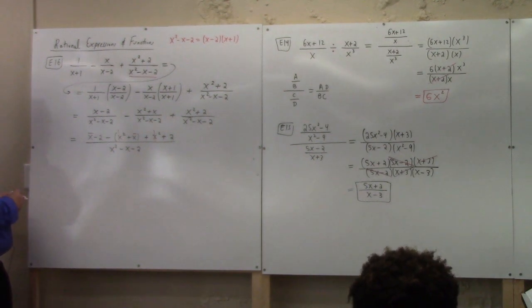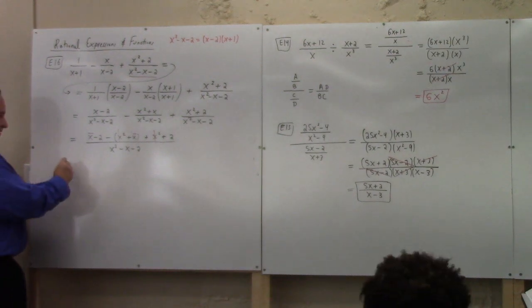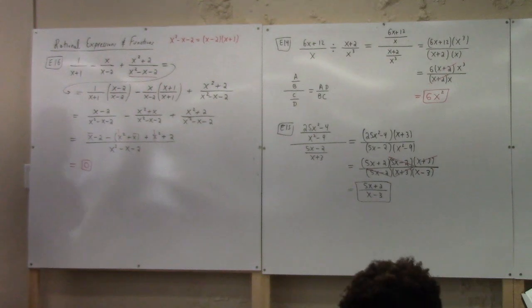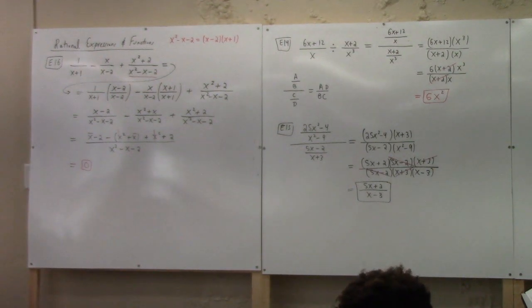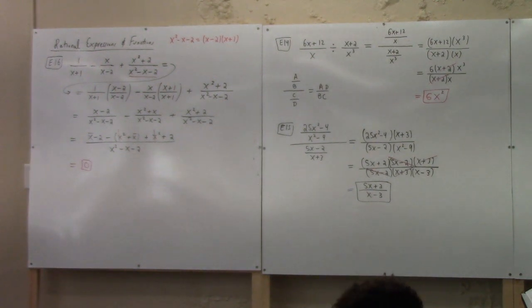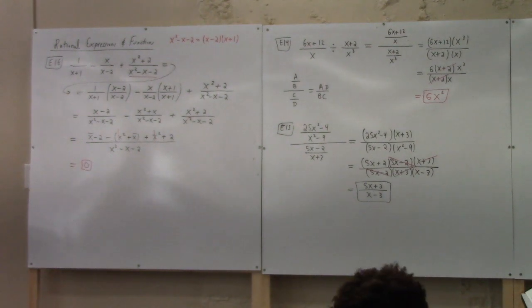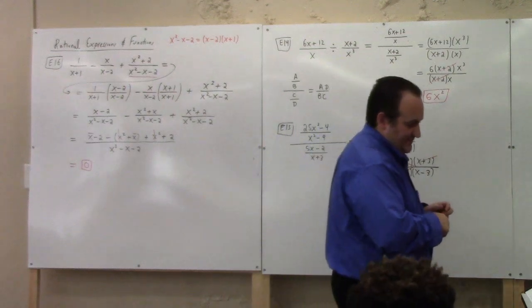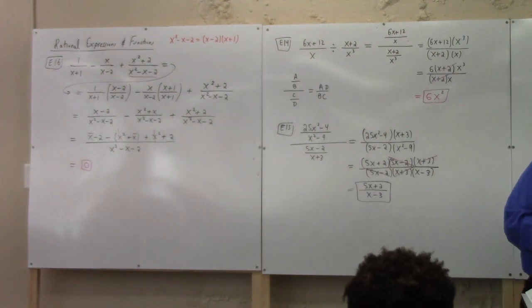That's 0. Cool. That was unexpected. Well, there's a 2 and a minus 2, isn't there?